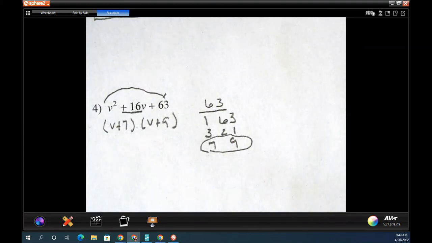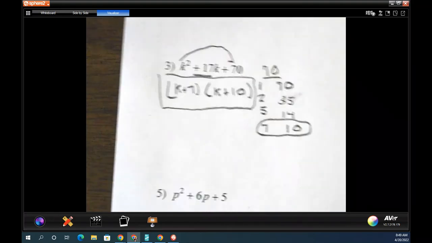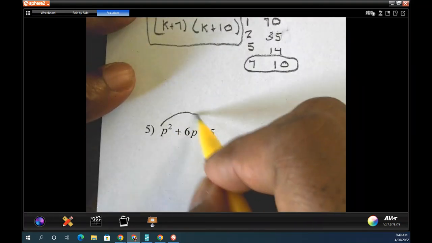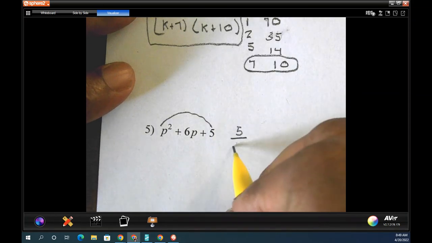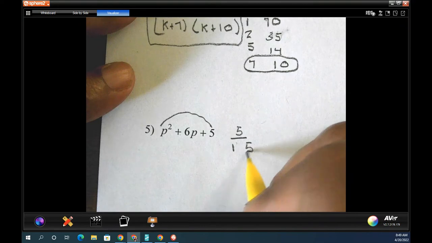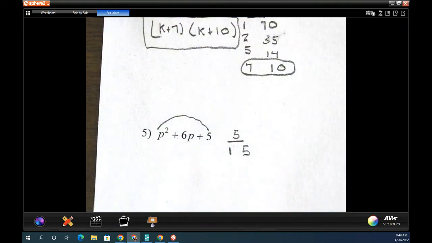How are we feeling about it? Okay. Number 5. Let's look at that one. All right. 1 times 5 is 5. And this is going to happen sometimes. Start with 1 in the number. Are there any other factors of 5? Does 2 go? 3? 4?